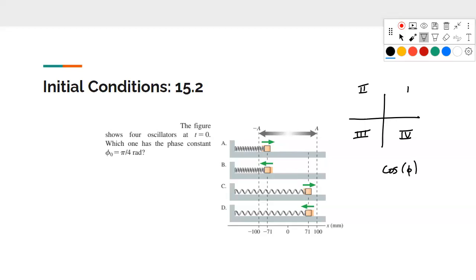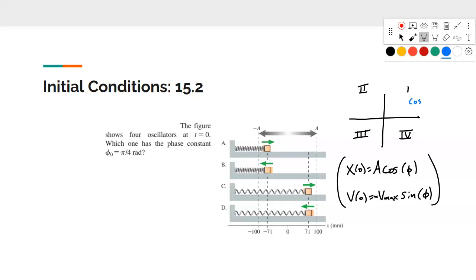What we've been using is that at time 0, our x position is A cosine of phi. And then if we look at the velocity function for that position relationship, we'll get negative Vmax sine phi for the velocity. So if you don't remember anything else about initial conditions, if you just have these 2 formulas, that's really all you need. And so what we can say is that cosine is going to be positive.